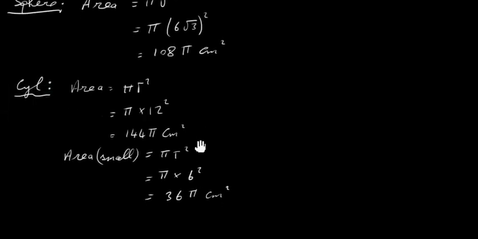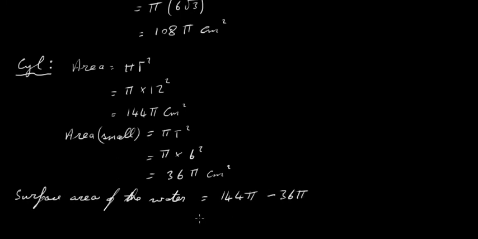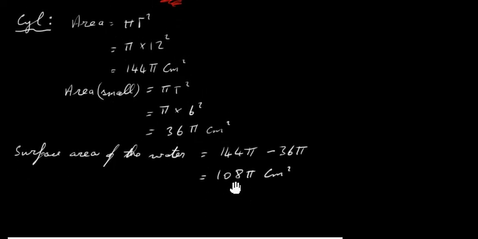Okay, so in order to find the surface area of the water then, the surface area of the water is just going to be equal to 144 pi minus 36 pi, and when you subtract those you get 108 pi centimeters squared, which, as you can see here, this is the area of the surface area in the sphere, and this is the area of the surface area in the cylinder.